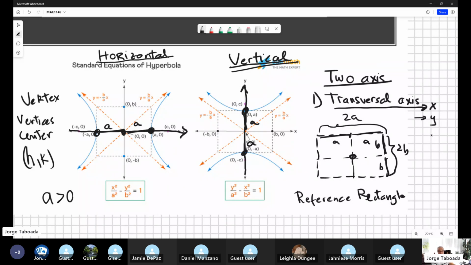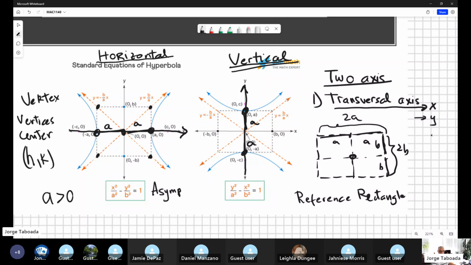We are doing this auxiliary construction that does not belong to the hyperbola, but helps me to understand a little bit. You connect the corners of the reference rectangle. That line passing through the center is the asymptote.